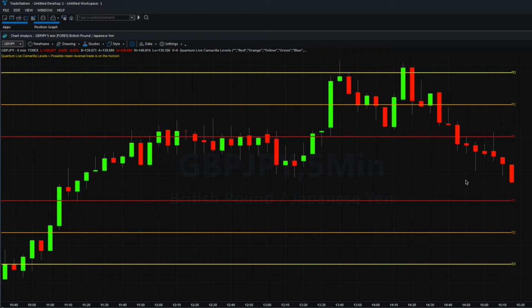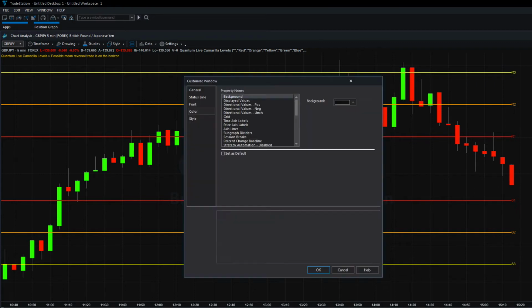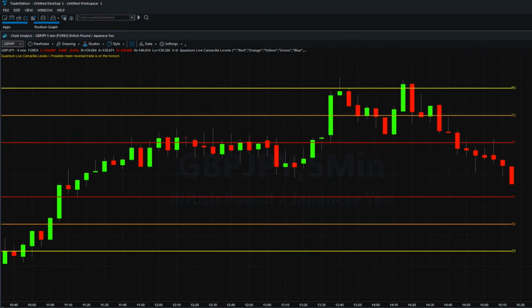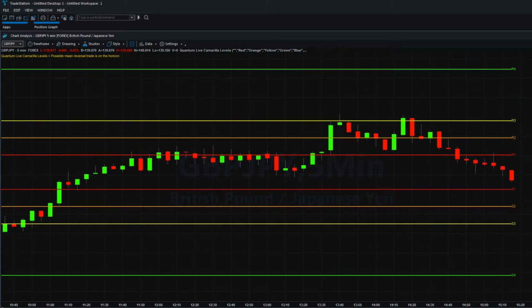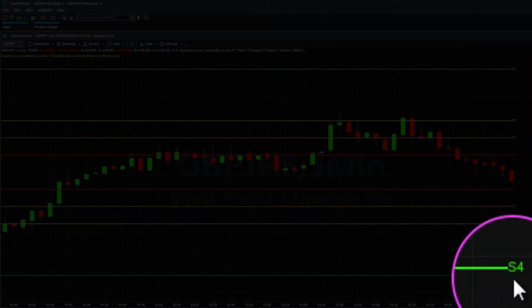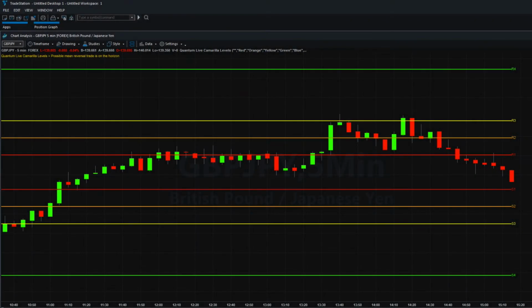And in addition to that, if I just reduce, there we go, just pull the next level down, which is our R4 above and our S4 below. Another way of using the indicator, as I mentioned in the introductory video, is to use the levels that we're given for potential stop loss placement.